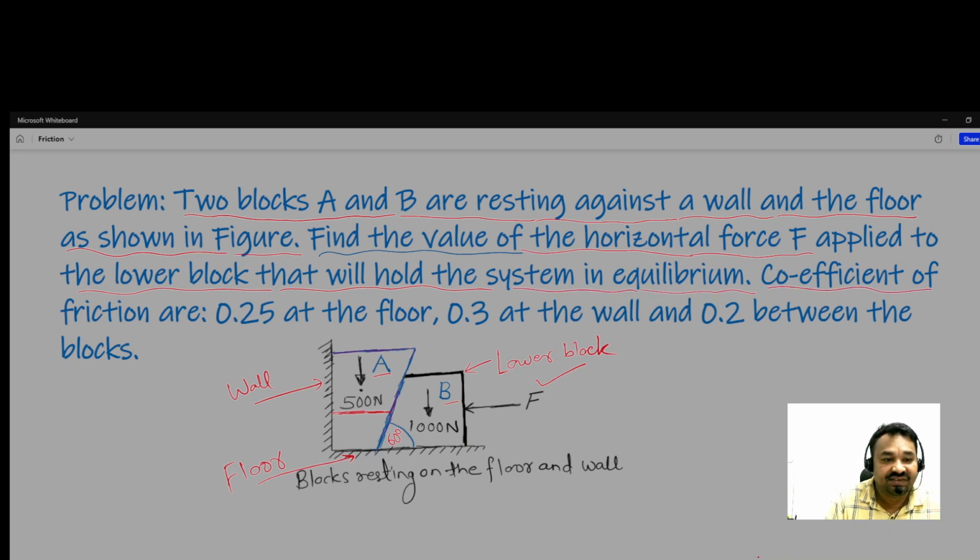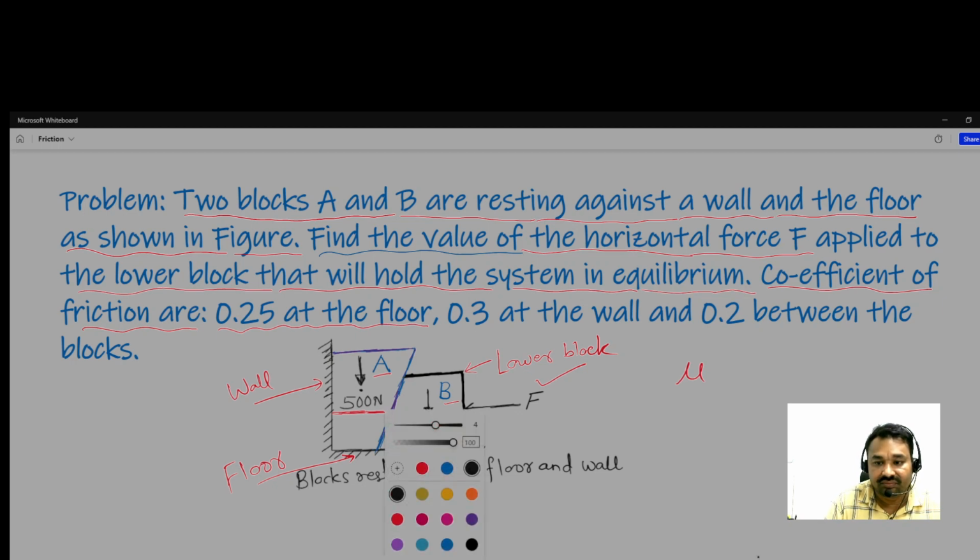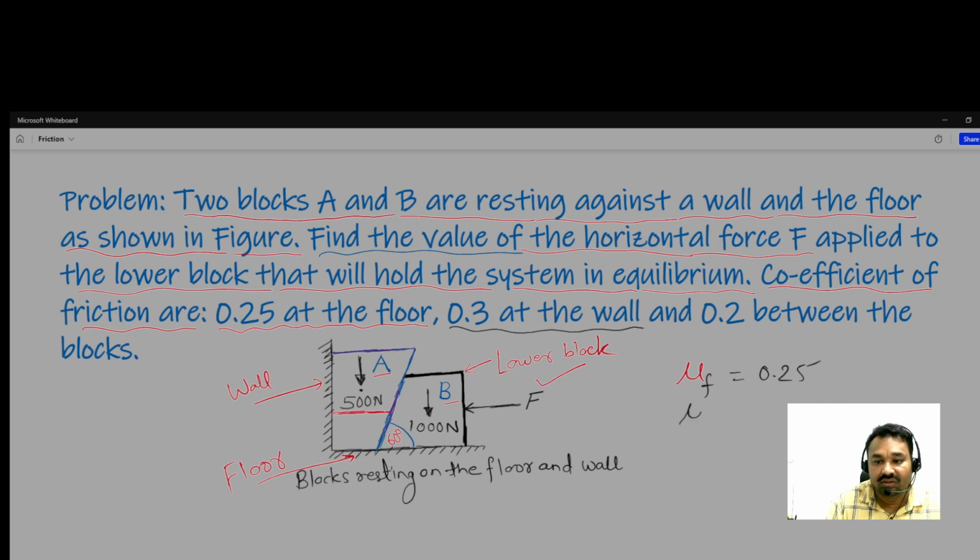Coefficients of friction are 0.5 at the floor, 0.3 at the wall, and 0.2 between the blocks.